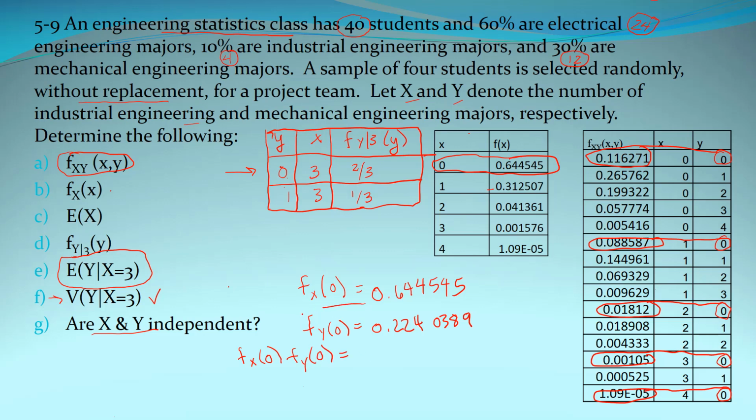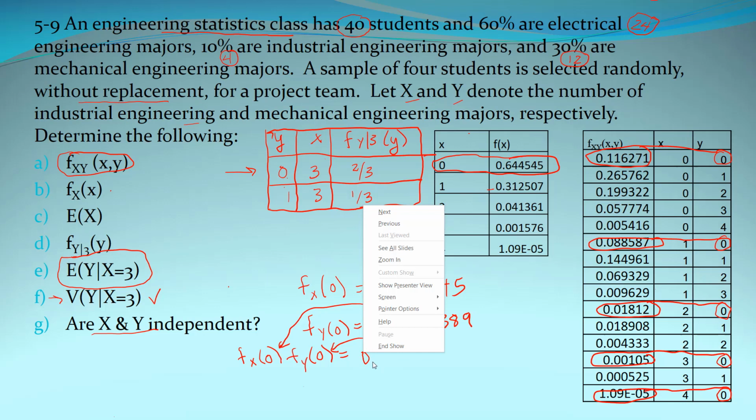We've got both of those numbers, and if you multiply them together, you're going to find 0.1444. And let's find out what is the probability of x and y is 0.